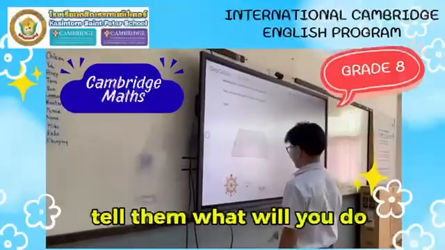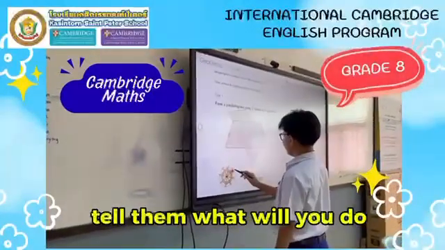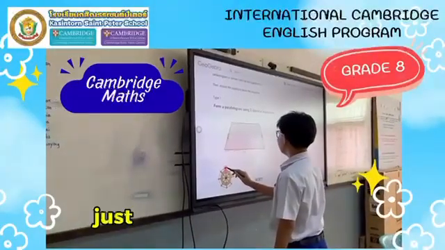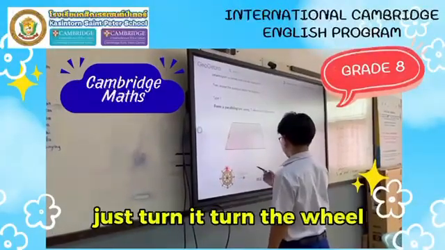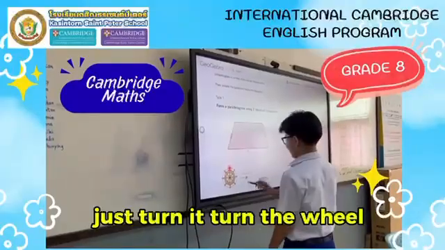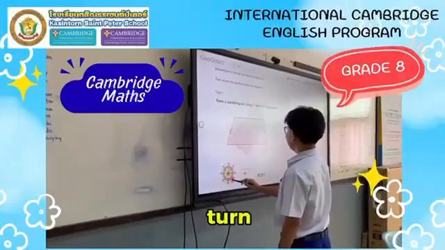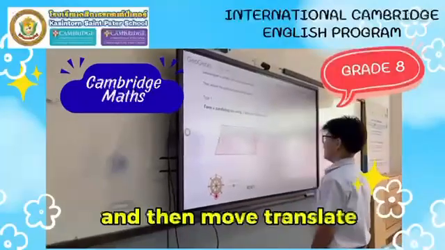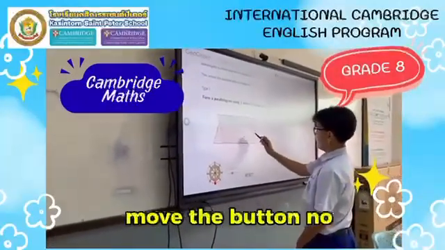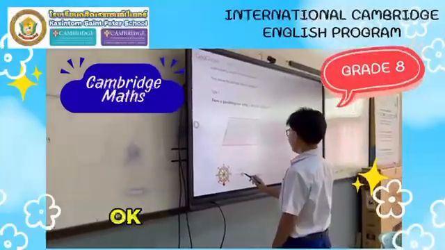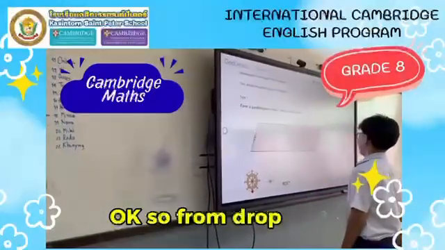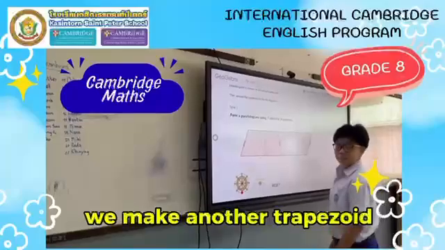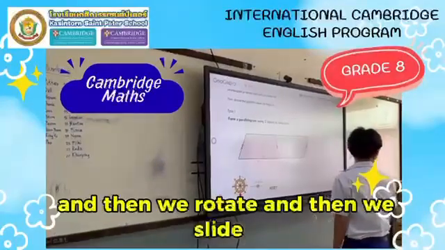Tell them what we need to do. Okay, so just turn the wheel. Turn. Okay, stop. And then move the button, the translate button. So from the trapezium, we make another trapezium and then we rotate and then we slide it.